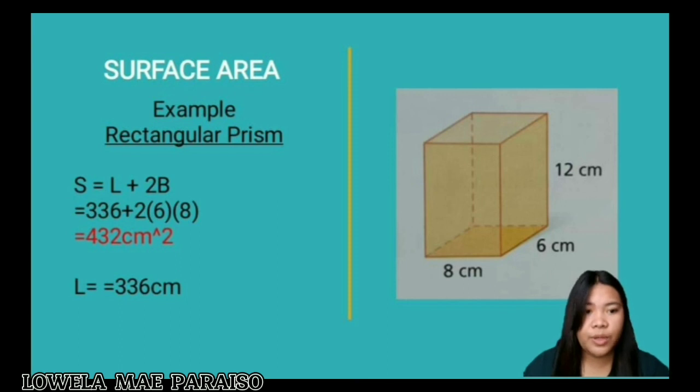S is equal to L plus 2B. So 336 plus 2 multiplied by 6 and multiplied by 8 is equal to 432 centimeter squared, and L is 336 centimeter.